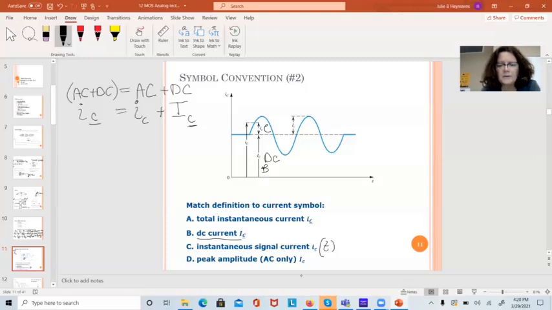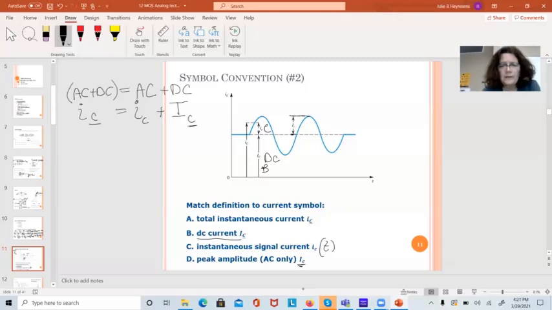The peak amplitude is the fourth way I can write this. This is big I, little c. And the peak amplitude of the AC is just the difference between the average value and the peak value. How much of that signal is actual AC?